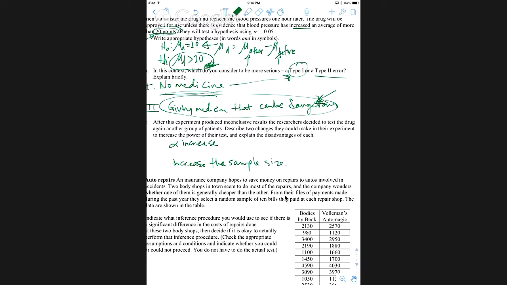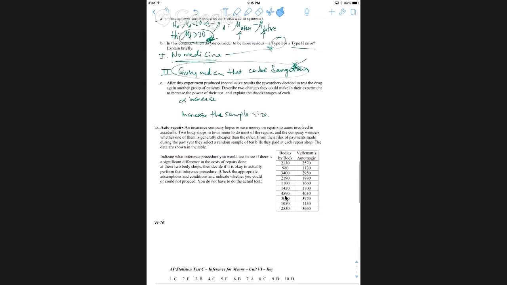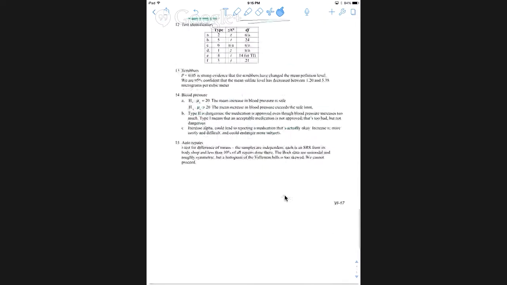Well, let's just kind of think about this, guys. If we increase the sample size, then we have to put more people through this test. And putting more people through this test might be a financial difficulty, right? We might not be able to afford to do all of this research with all these people, right?